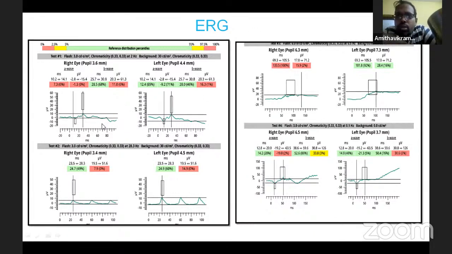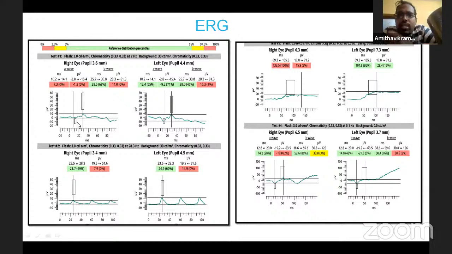That one is the reference range that is given, and that is for the B wave amplitudes. And the small one, a little bit on the left side, is the A wave reference range values provided by the manufacturers.